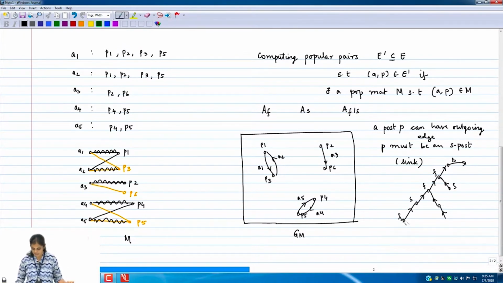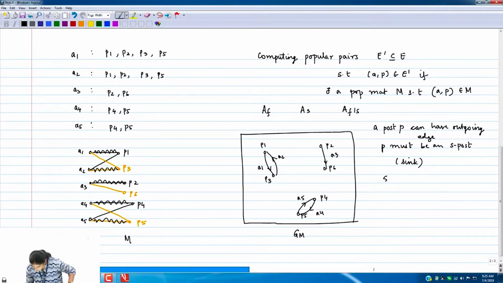So good. So there are components which we will call sink components. So every sink component has exactly one sink.